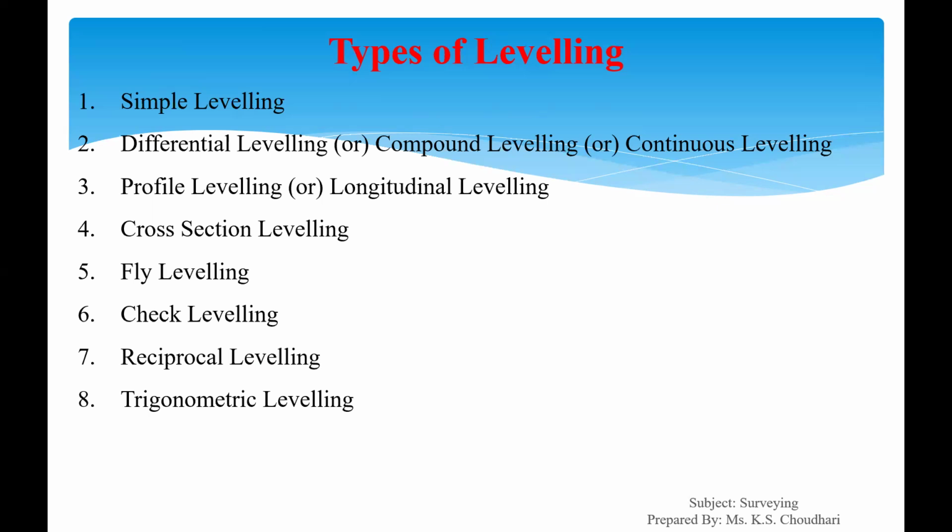It is also known as longitudinal leveling. Number four, cross-section leveling. Number five, fly leveling. Number six, check leveling. Number seven, reciprocal leveling. Number eight, trigonometric leveling. These are the types of leveling.